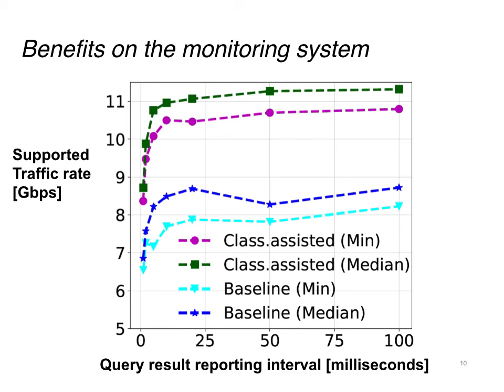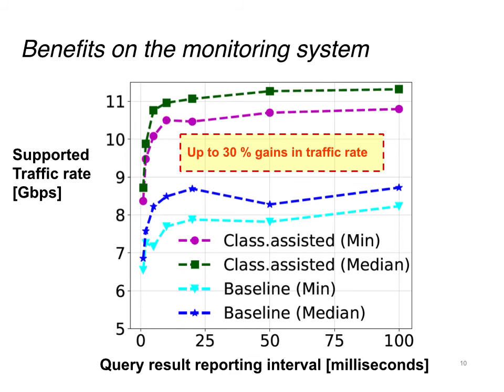We compare our classification-assisted approach against the baseline where standard data processing operations are performed. Compared to the baseline, our approach can achieve gains in the supported traffic rate of up to 30%, and this applies in general to all the different reporting interval configurations.